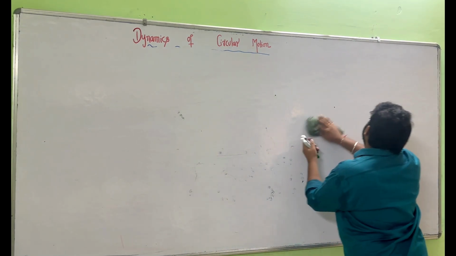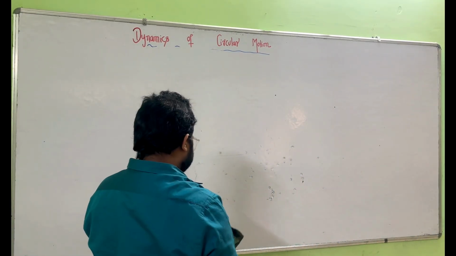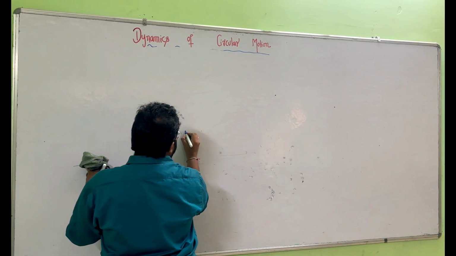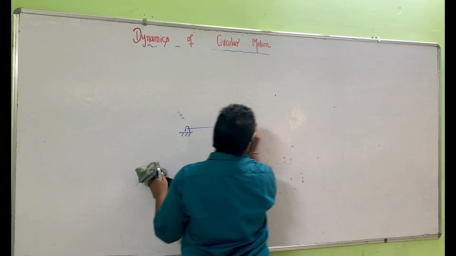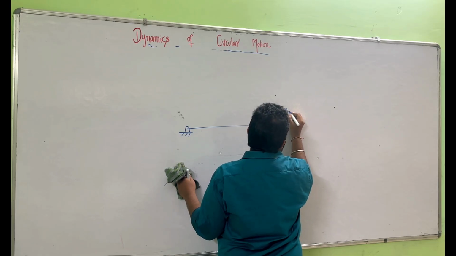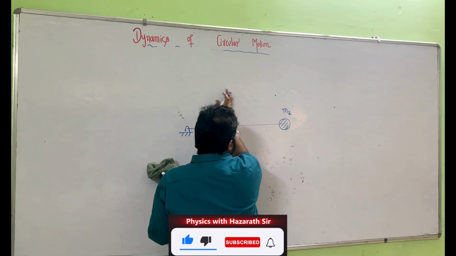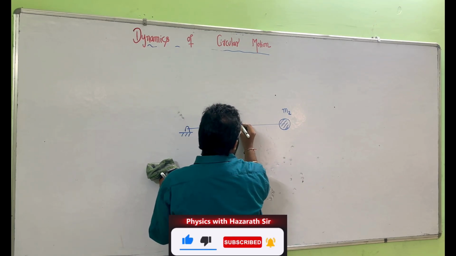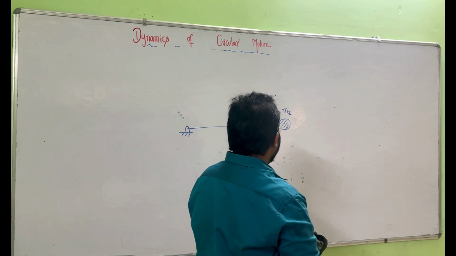This is the pivot. Here to here is the point mass M2, length L.